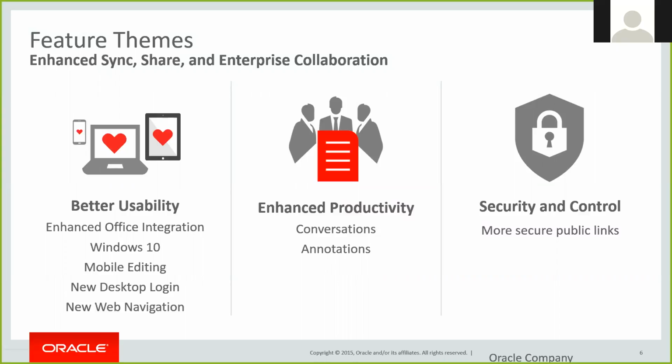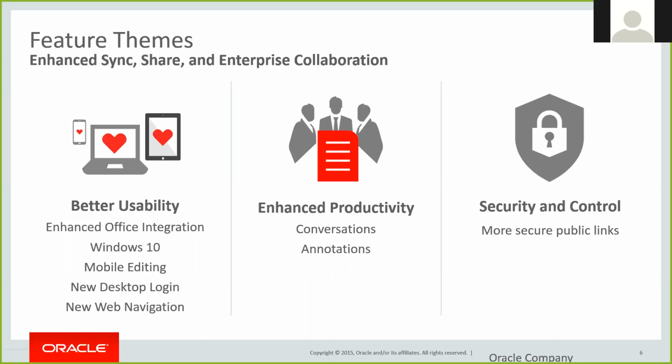And finally, for security and control, now the administrators have more control over the public links. So, for example, until now, the administrators were just able to enable or disable the public links for the Documents Cloud Service. Now they have more control over that.